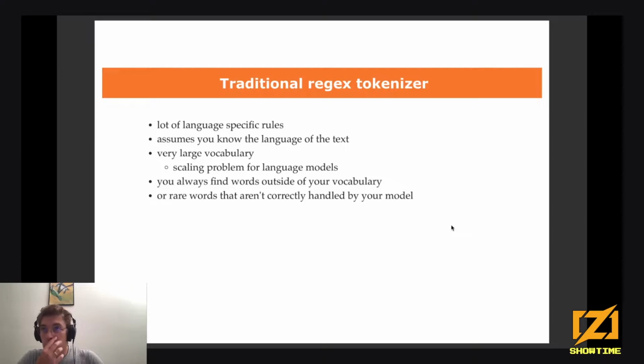And even if you have no out-of-vocabulary words, you will still have some words which are really rare and that your model has only seen once or twice in your full training data set, and it doesn't really have a good representation, a good idea of what to do with them.